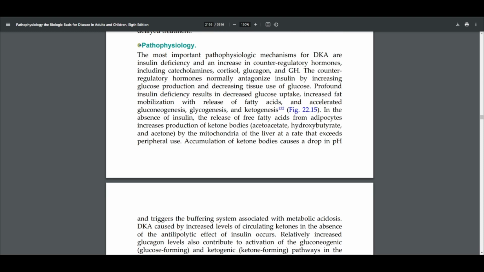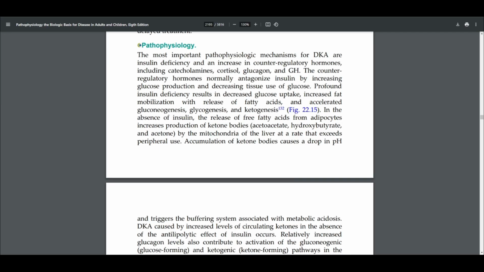So what is the pathophysiology of DKA? The most important pathophysiologic mechanisms for DKA are insulin deficiency and an increase in counter-regulatory hormones. Again, the catecholamines, cortisol, glucagon, and growth hormone.